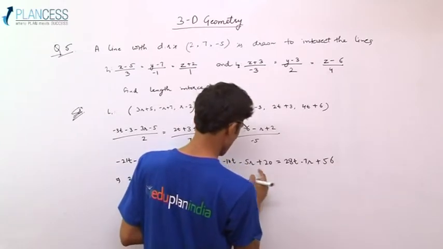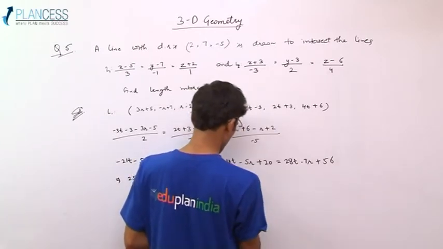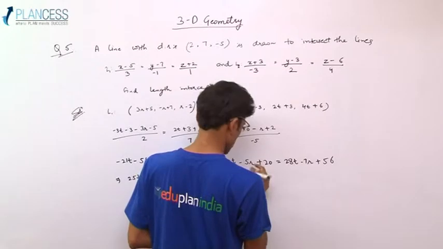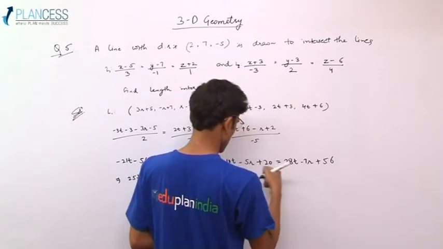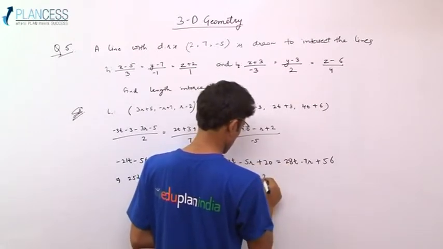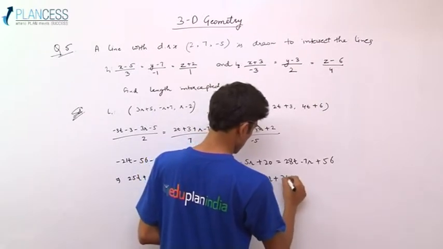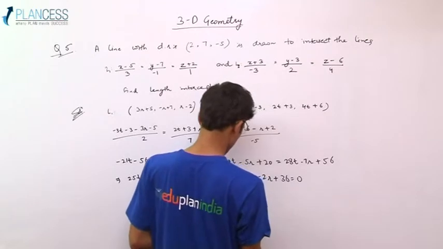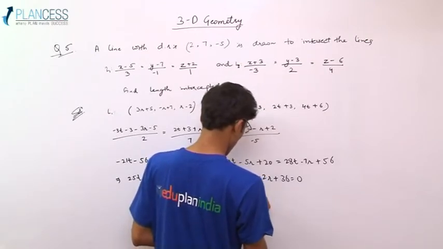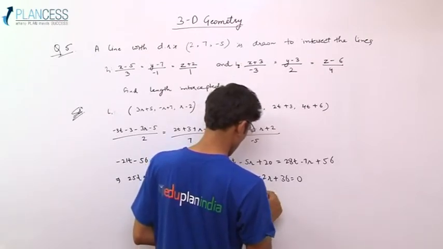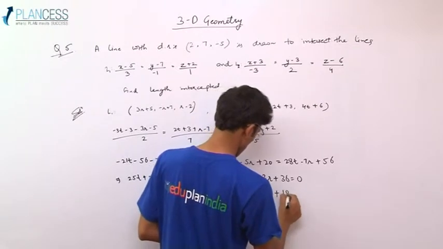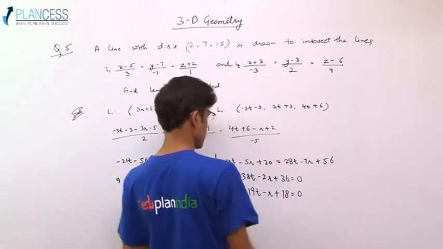So this is what we get: 38t minus 2r plus 36 is 0. So this is 19t minus r plus 18 is 0.